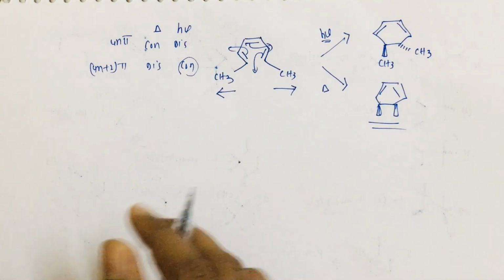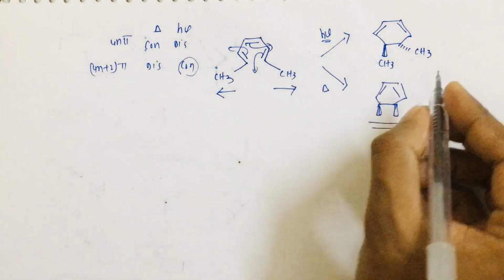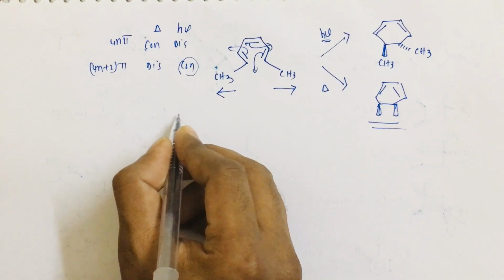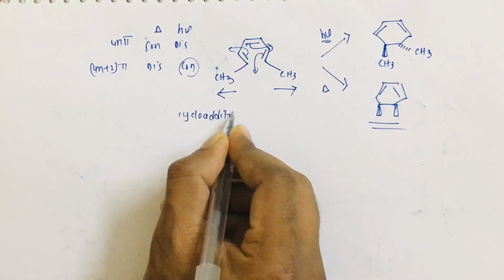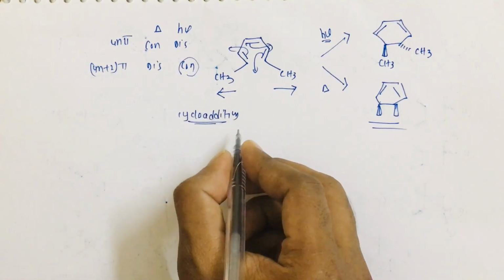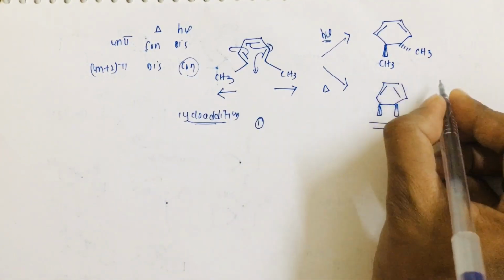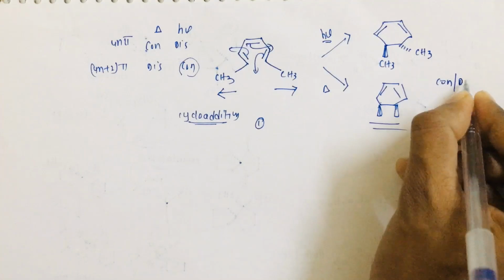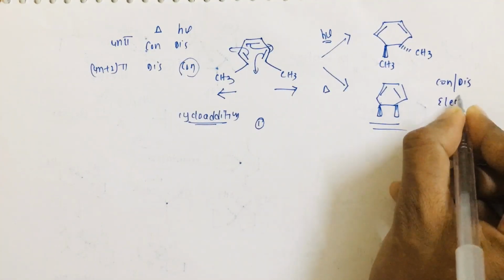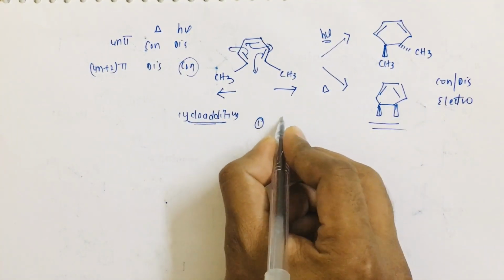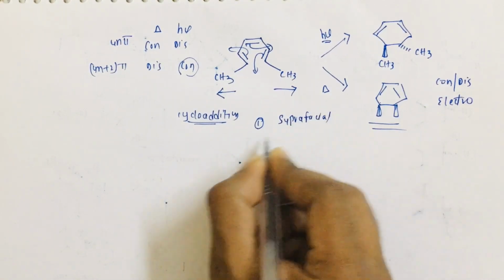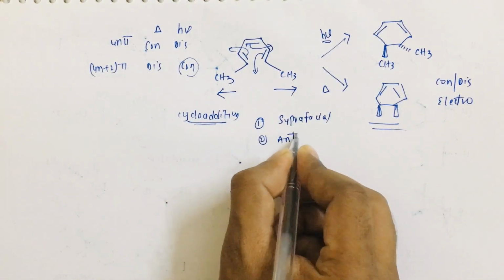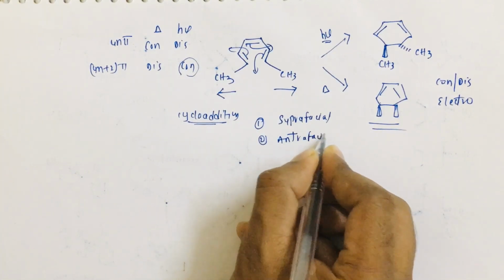So till now I spoke about the electrocyclic reactions, and then we have to talk about the cycloaddition reactions. For electrocyclic reactions we talk about con and dis. For cycloaddition reactions, we have to talk about suprafacial and antarafacial.